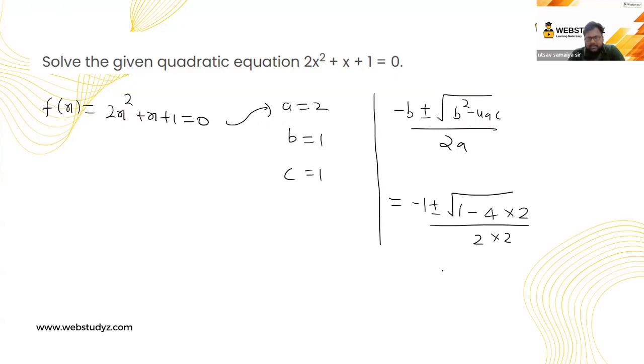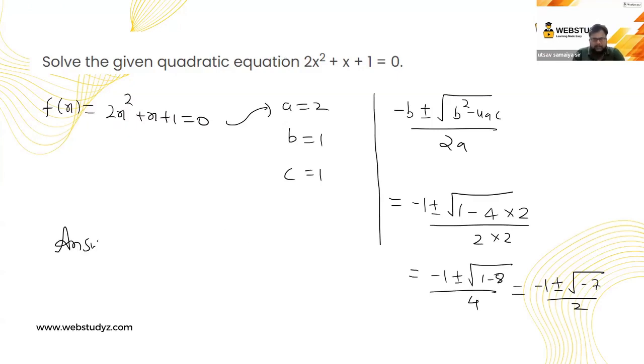So it is going to be minus 1 plus minus square root of 1 minus 8 by 4. So minus 1 plus minus under root minus 7. So the answer is minus 1 plus minus root 7 iota by 4.